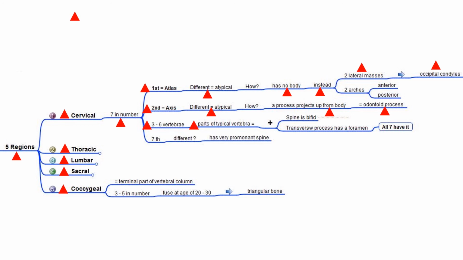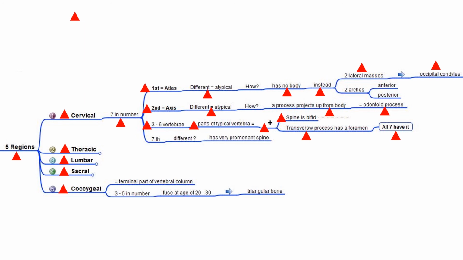Then C3 to C6 have the parts of a typical cervical vertebra, and these typical features are, first of all, the spine is bifid, and the transverse process has a foramen.